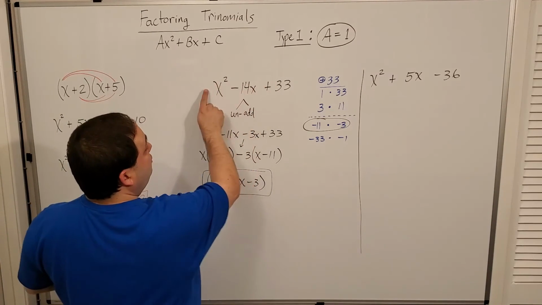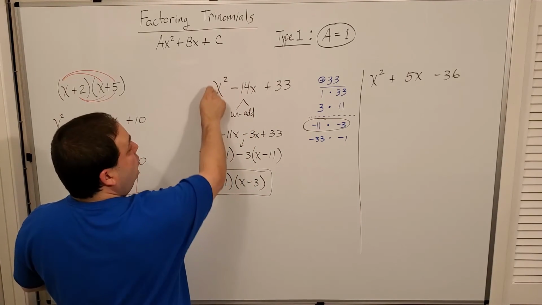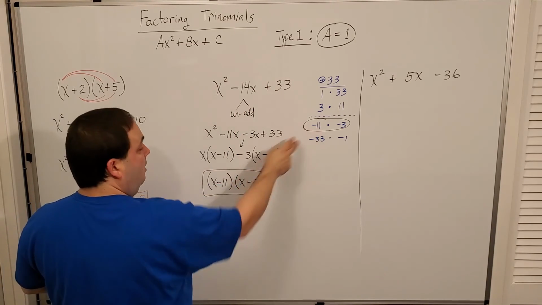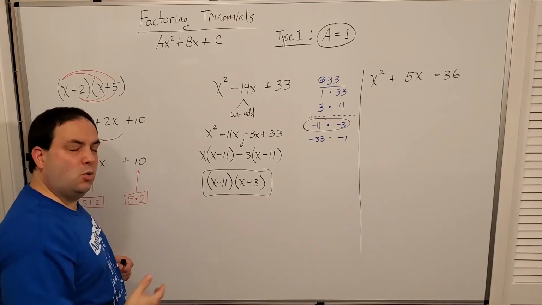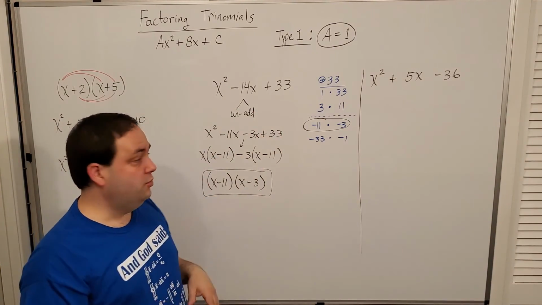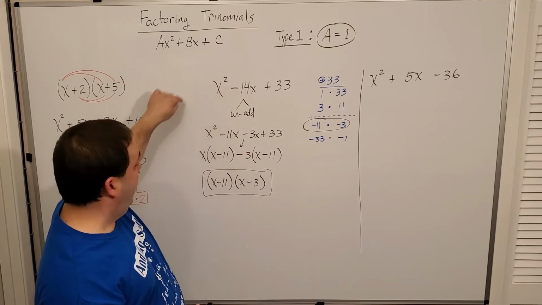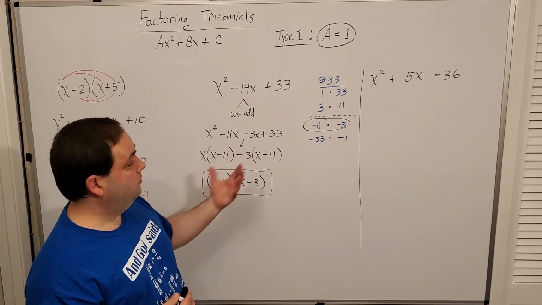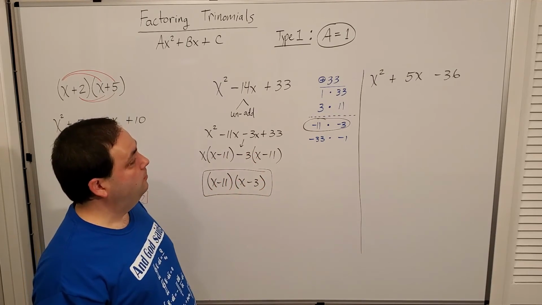But if you already know that you have a 1 in front of this x squared, if it's that type, then you can simply write the answer. And that's sort of the other way of going about it. When we get to the type 2s, I'll show you both this way and the other more direct way that I prefer to use, that sort of match this idea as well.